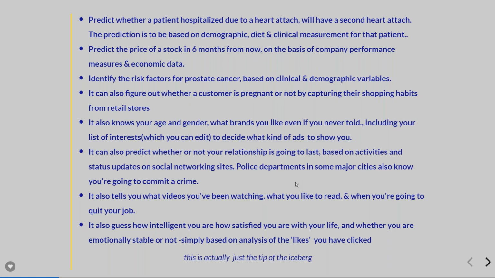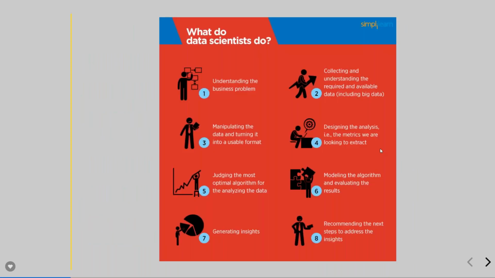Other than this, especially Facebook friends recommendation, like common friends between you and some other friend, you get all these things based on some data. So that is about real-time applications. Okay, that is good. We understood real-time applications. Now we want to understand what a data scientist generally does.